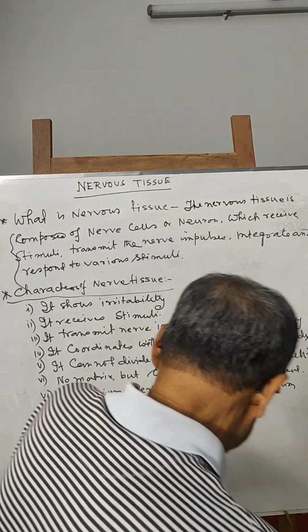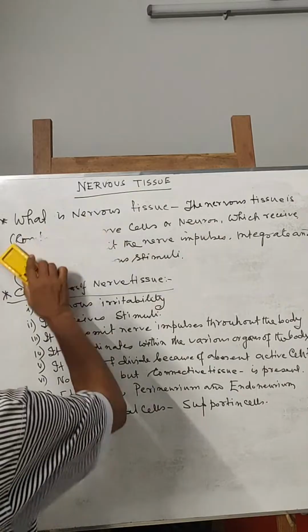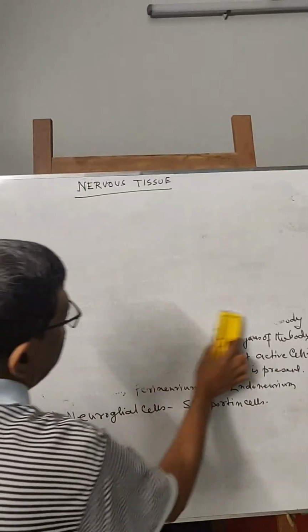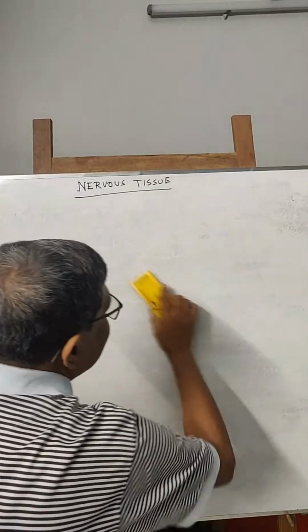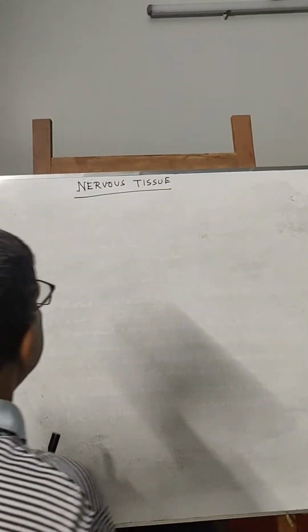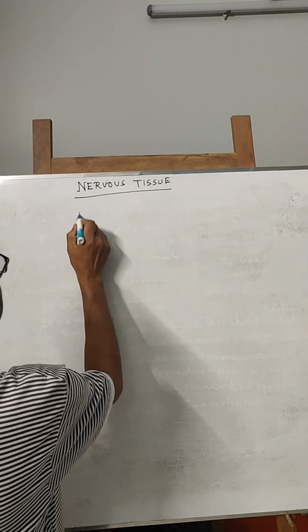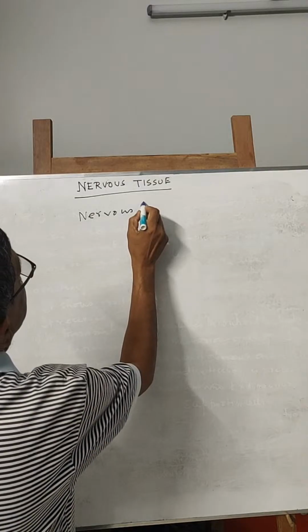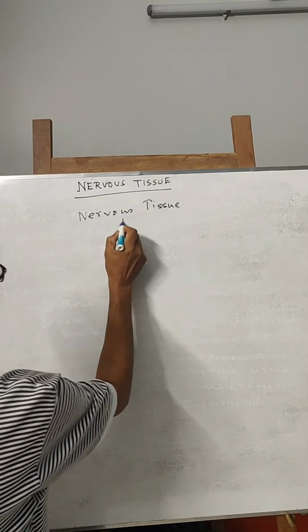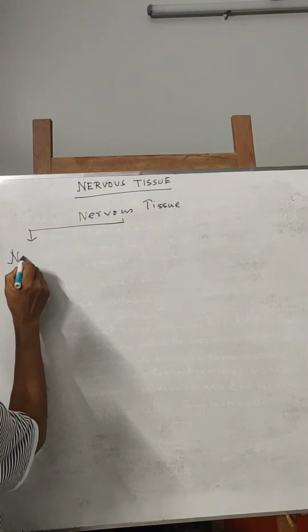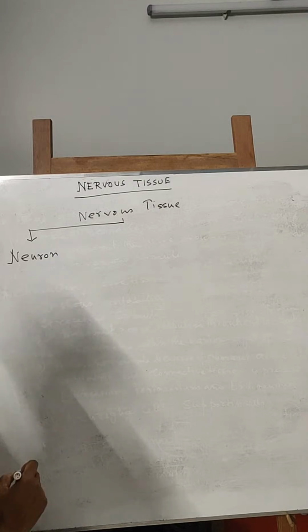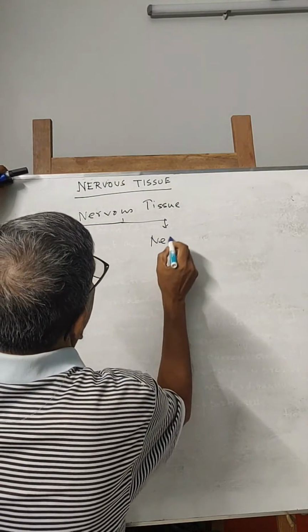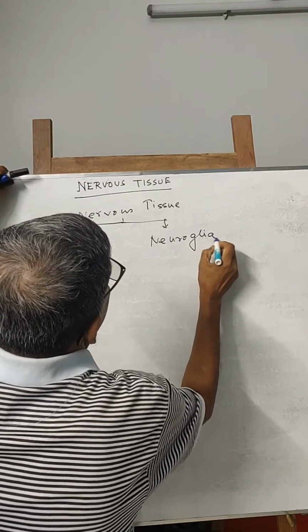Next, nerve tissue is composed of neurons or nerve cells and neuroglia or glial cells.